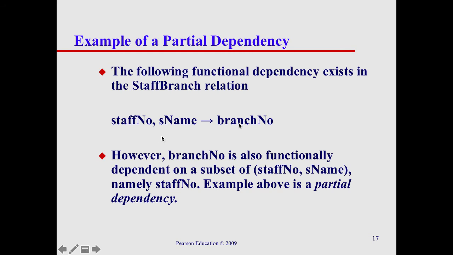So the determinant here doesn't have the minimum possible number of attributes because staff name is superfluous. So this is called a partial dependency. It's not called a full functional dependency. It is called a partial dependency because you can eliminate attributes from the determinant and still maintain the dependency.